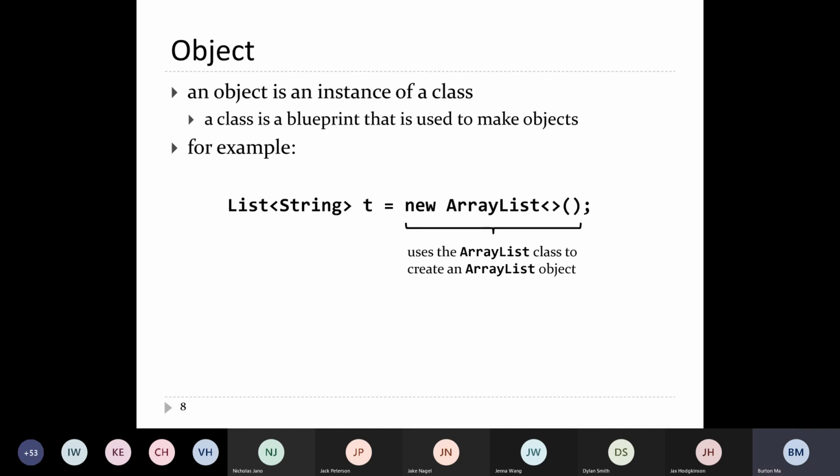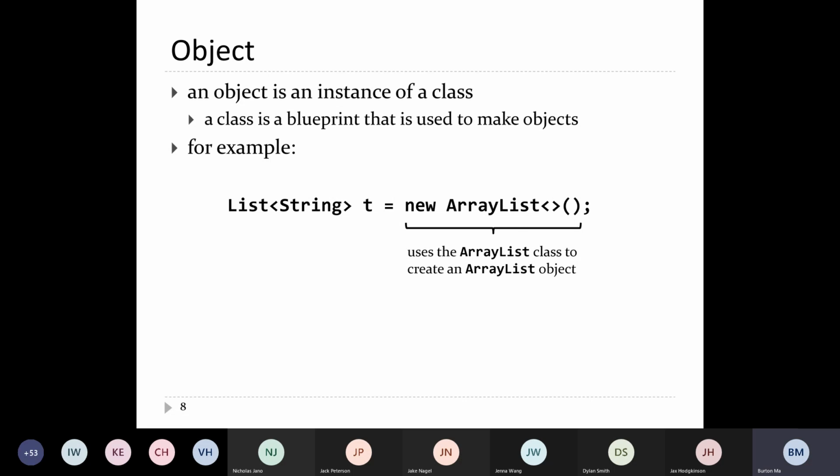Now what's an object? An object is just an instance of a class. The analogy with int is that 5 is an instance of an int. Number 1 is an instance of an int. The number 2.5 is an instance of a double. So an object is just an instance of a class.